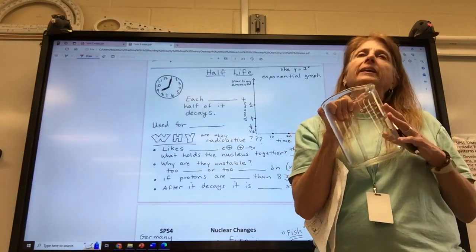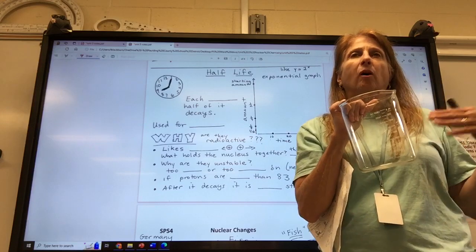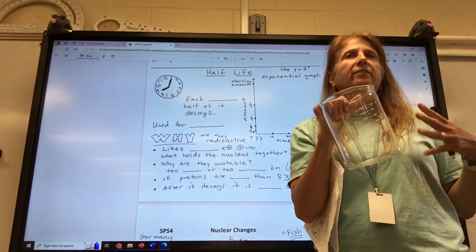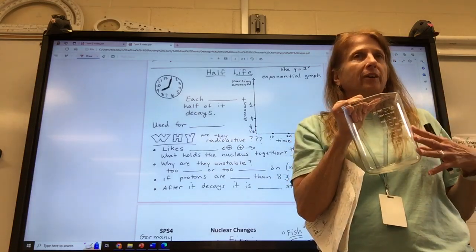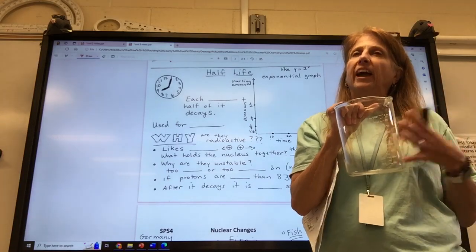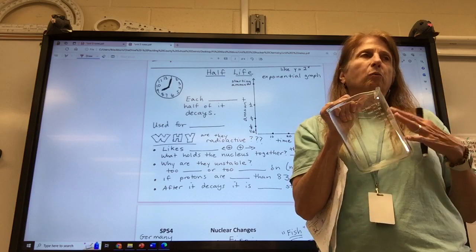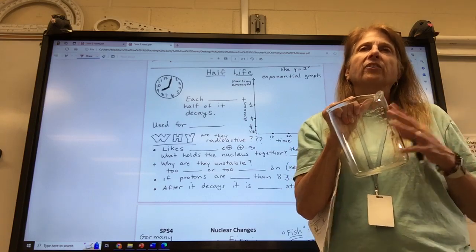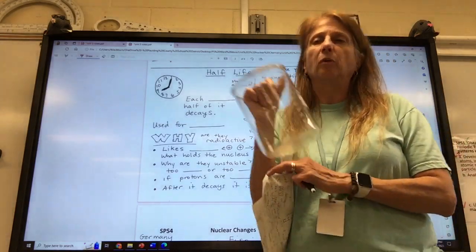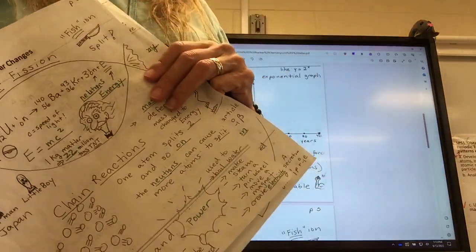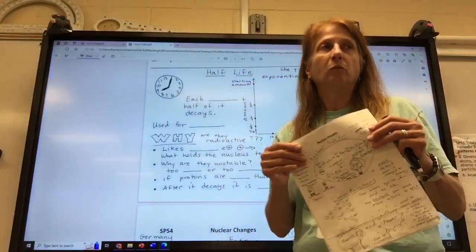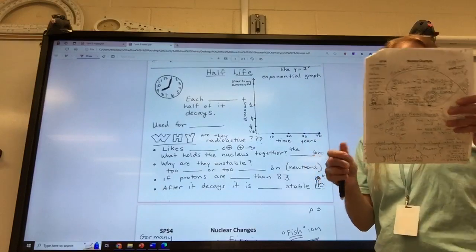Well, the time it takes for half of it to fall apart has the very creative name of half-life. And it's a time period. It's how long, if you've got a sample that's 100% radioactive substance, how long does it take half of it to fall apart? You still with me, Peyton? Peyton, wake up. You gotta learn how to do this math.